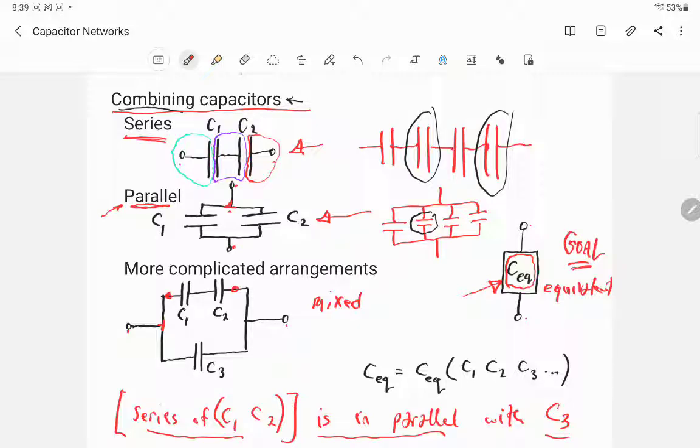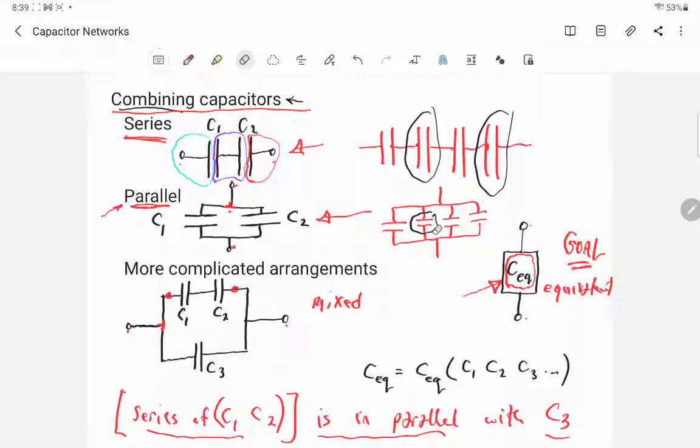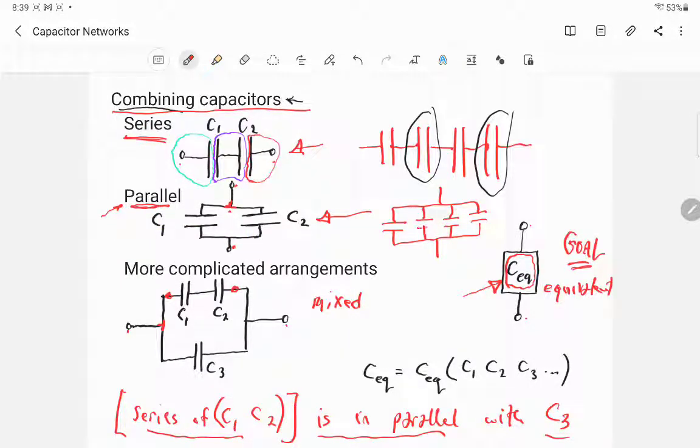Check this out though. This is really interesting to point out. Look at this capacitor network over here, these 4 capacitors in parallel, and let's study how many conductors are involved. What's interesting is there's only 2 separate conductors.